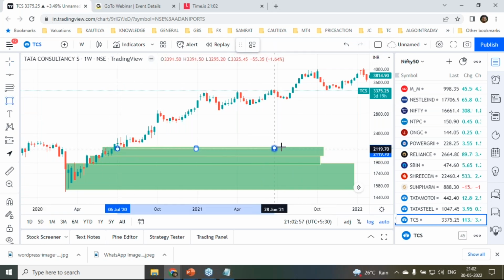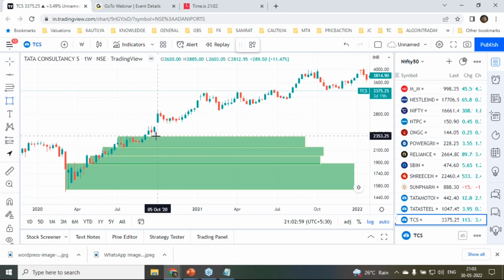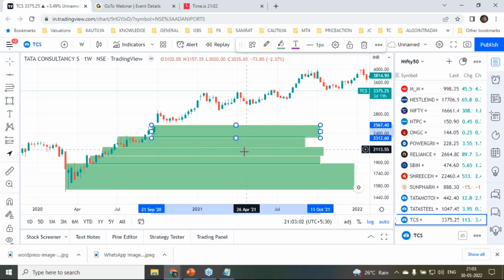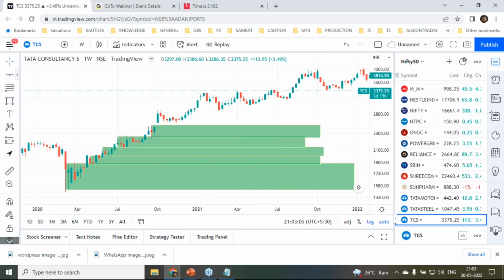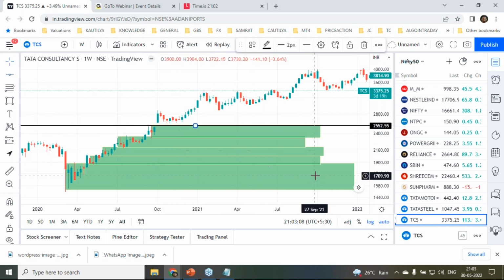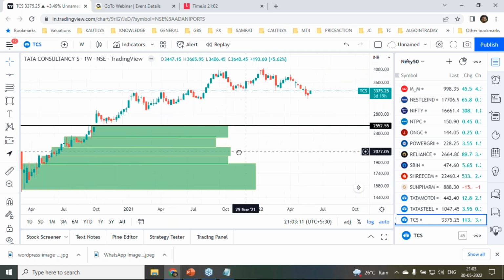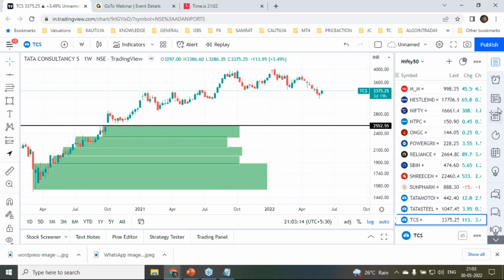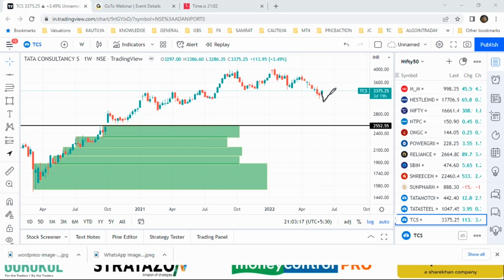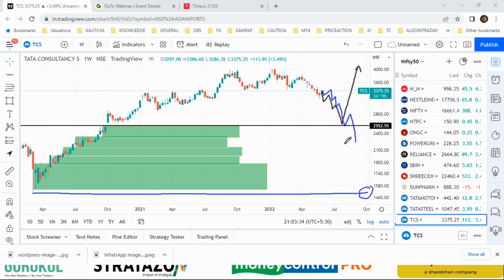Base. Base. Amazing compression. Now this whole thing is compression. 2552 is a level of gap candle. Tomorrow, by any chance, if price comes and reacts from there, very good. Or if price comes, reacts and breaks, the next bottom is this 1500 level from 2500. This is a zone of fall.